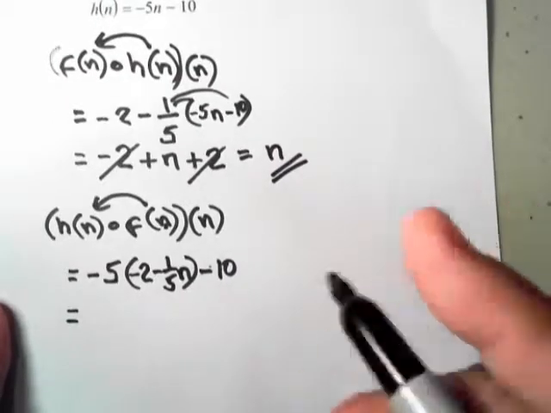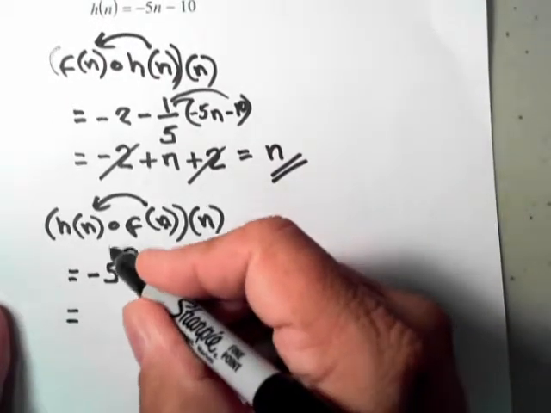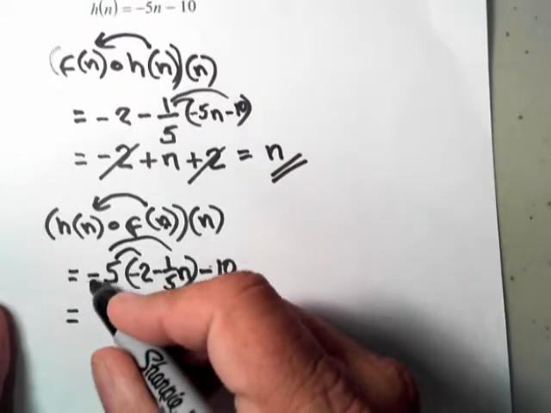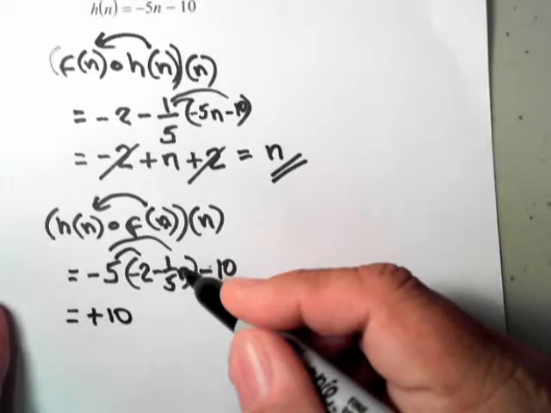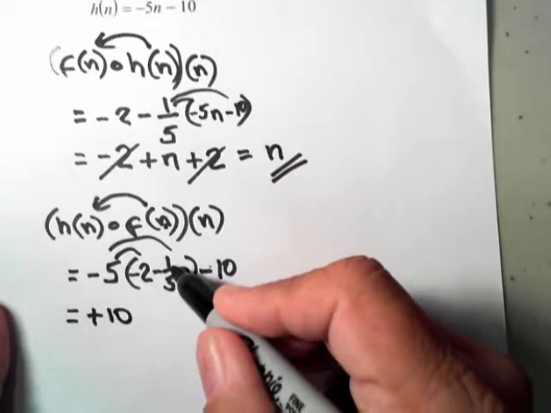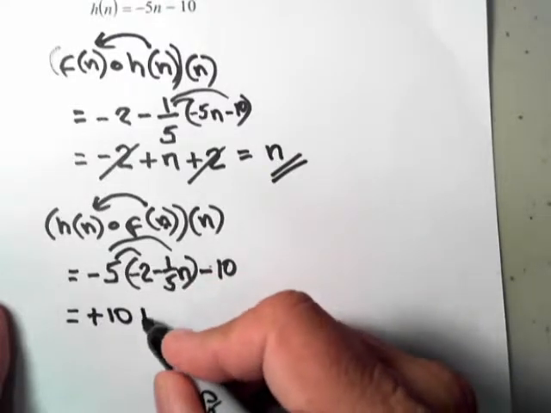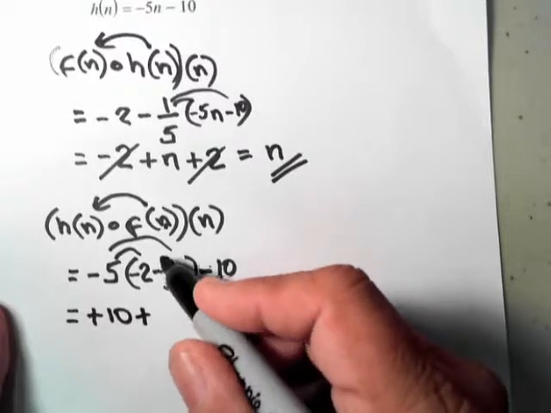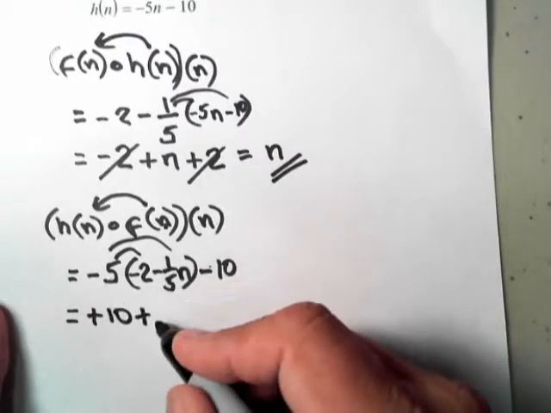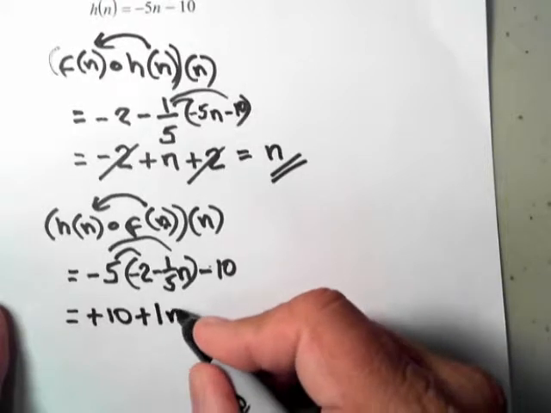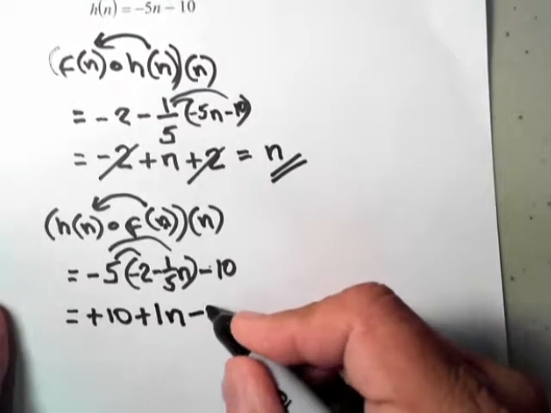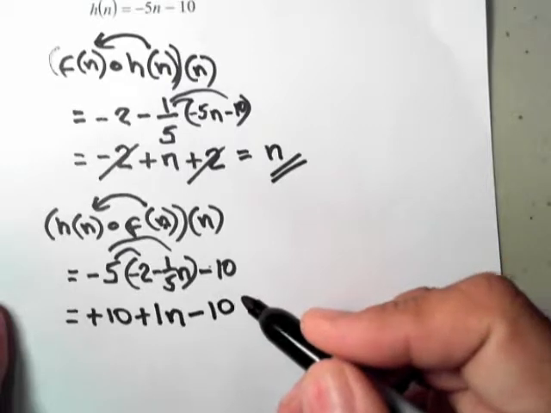So here we go. Take the negative 5 and distribute it in. Negative 5 times negative 2 is positive 10. Negative 5 times negative 1/5, well, minus and minus give me a plus. 1/5 of 5 is just 1. I'll put a 1 here to rub that in. And then we have the n, and then there's the minus 10 on the end here.